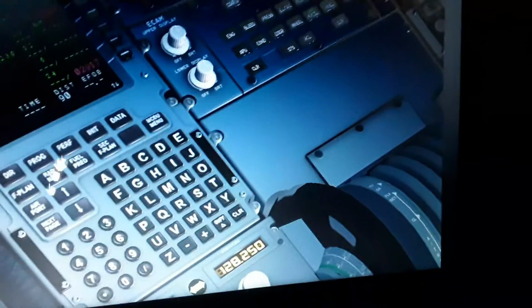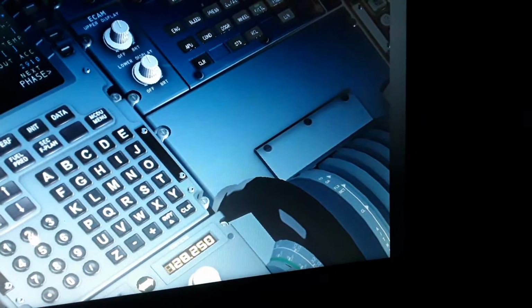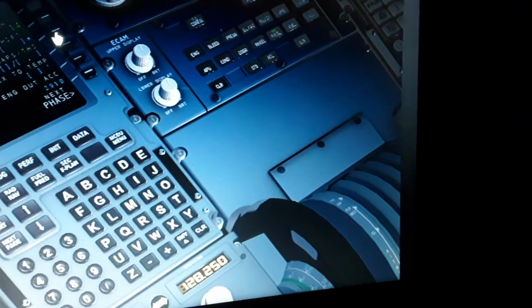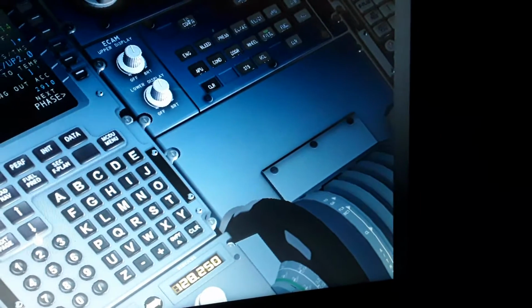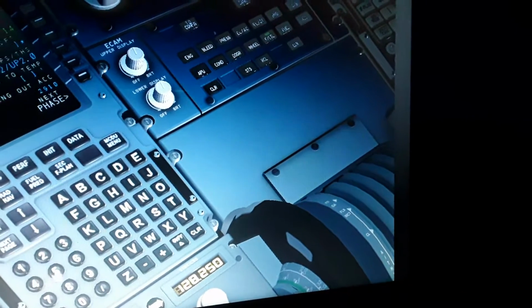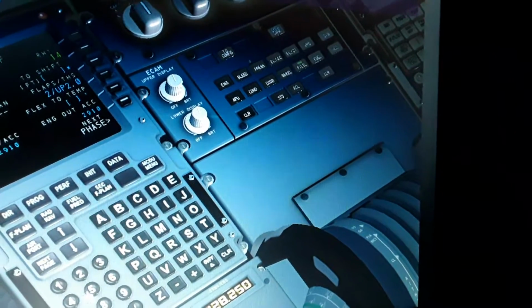So I'm gonna use the performance page: flaps 2 and 2 degrees up. I have V1 maybe 145, 150 and 155 V2.